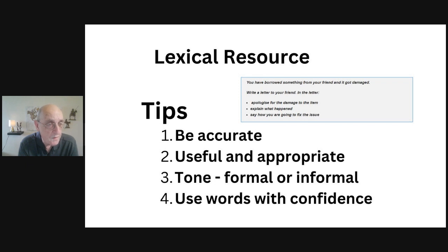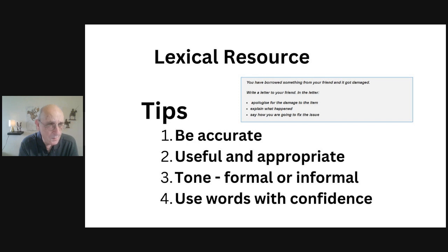And then really focus on tone. If you're asked to write an informal letter, use everyday common language, just as if you were speaking to a friend face to face. This is the language that's used in writing an informal letter. So do not use formal phrases or formal vocabulary.